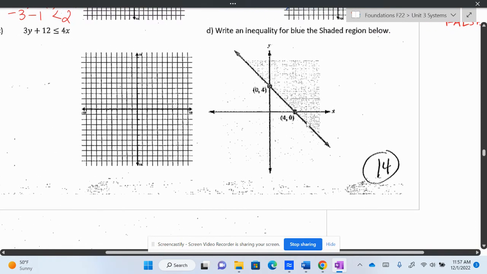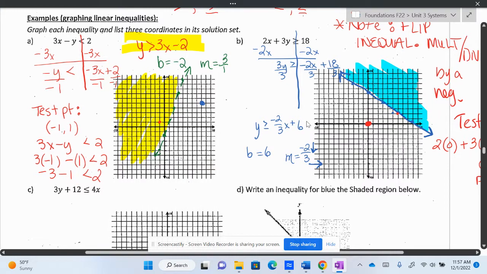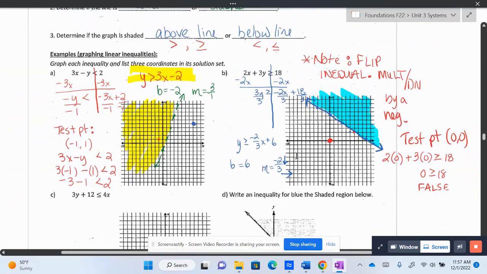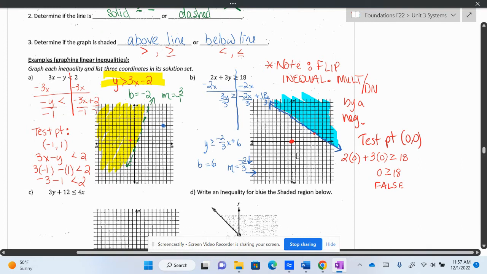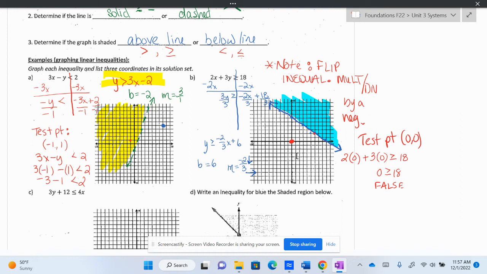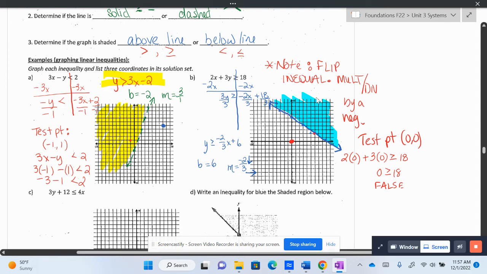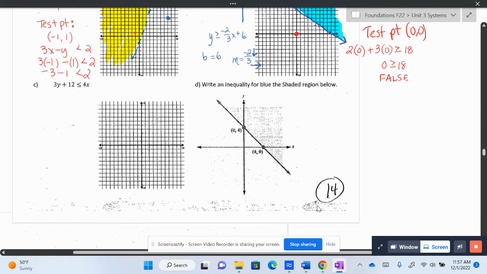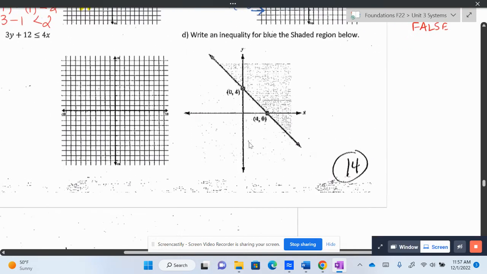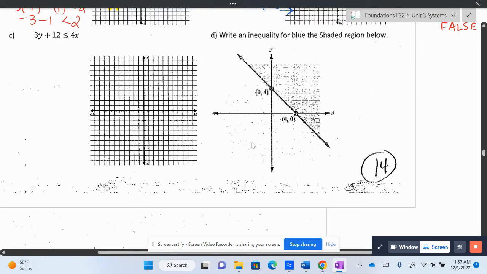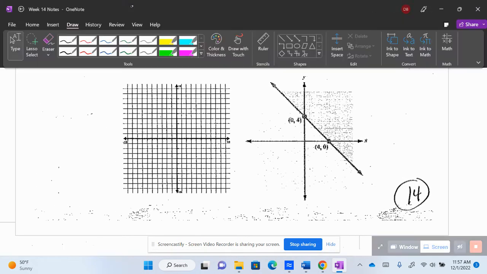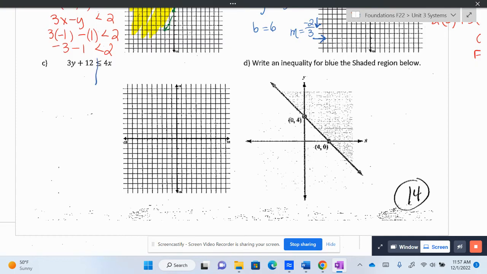Okay, let's do another one. Can you guys solve this? Example C. What do you guys think? What do you have to do first? Subtract 12 from both sides.